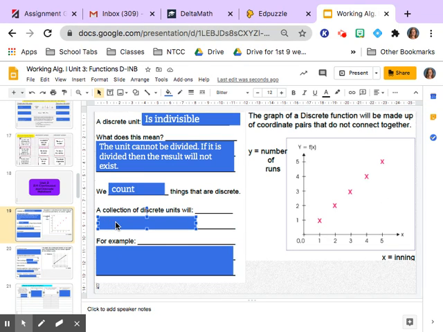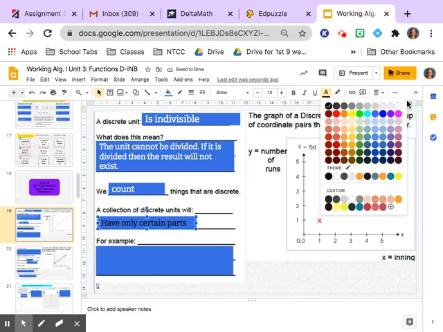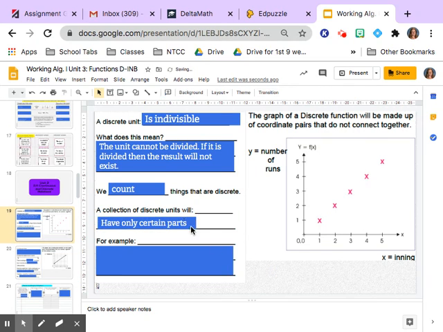A collection of discrete units will have only certain parts. So whenever I say have only certain parts, that means you're dividing.